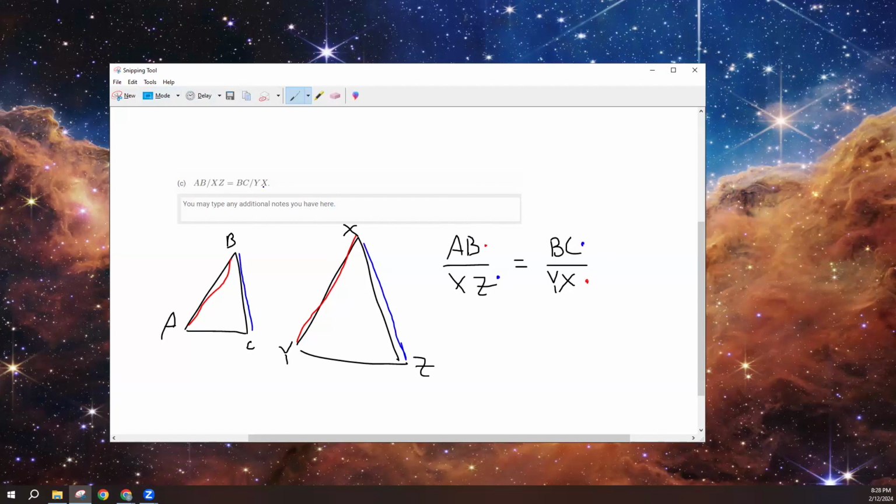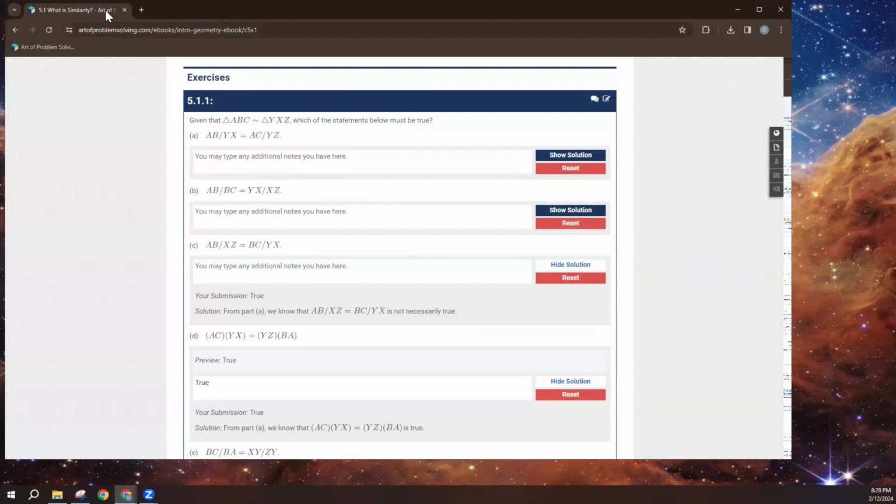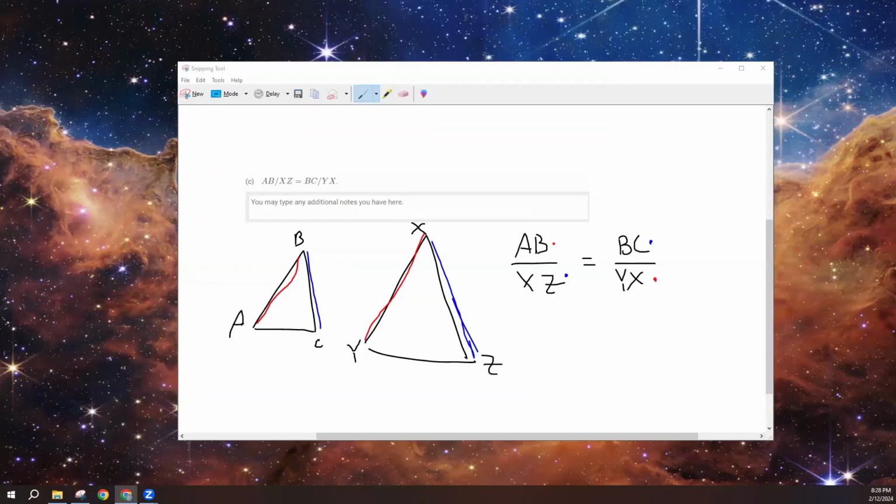AB over XZ equals BC. So the ratio of AB to XZ and the ratio of BC to XY should give us the same ratio. Let me just, oops, I've closed my tabs here. Too many things open at the same time.